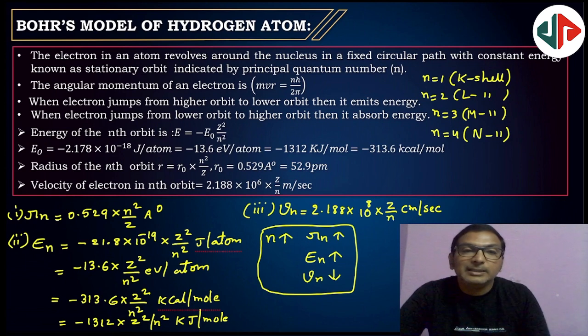Next, when electron jumps from higher orbit to lower orbit, there will be emission of energy. We will get emission spectrum. When electron jumps from lower orbit to higher orbit, we will get absorption spectrum.